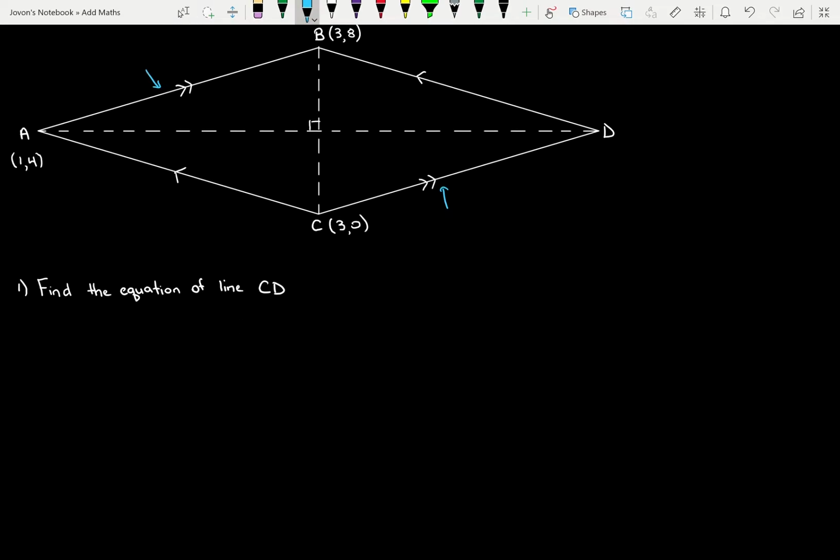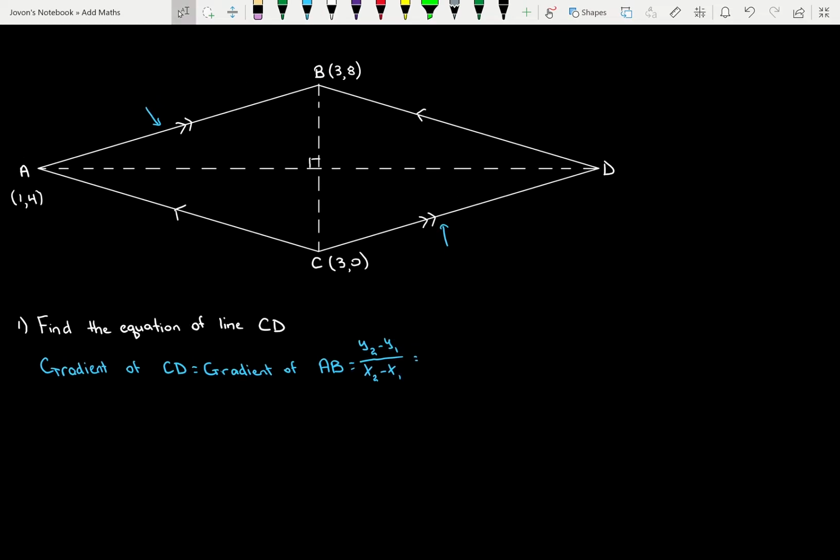So what we could write here is gradient of CD is equal to the gradient of AB, which is equal to, remember the equation is y2 minus y1 all over x2 minus x1.